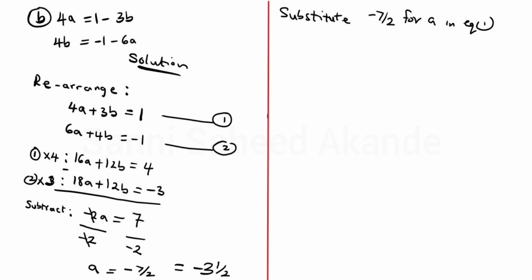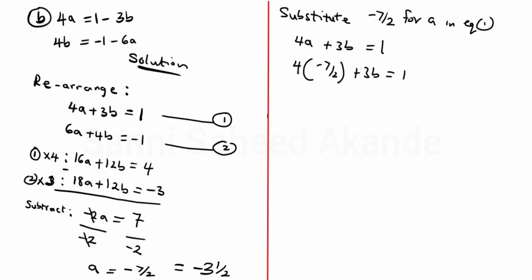Okay, so this is my equation 1: 4a plus 3b equal to 1. So anywhere I see a in this equation, I'm going to replace it with minus 7 over 2. Then 4 times a, which is minus 7 over 2, then plus 3b equal to 1.